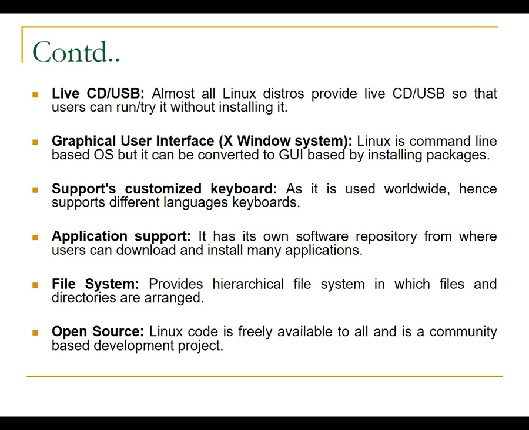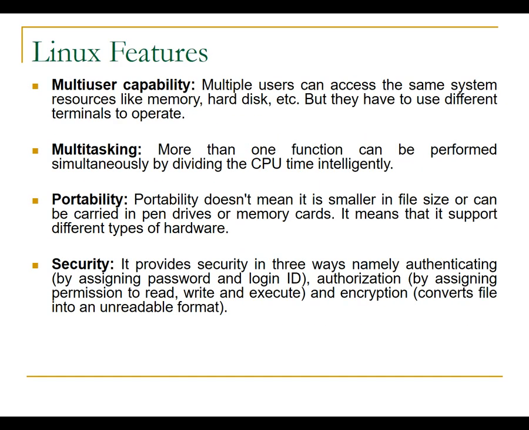It has a very unique file system, and last, it is free of cost. From the internet and from the official website of Linux, free of cost and without purchasing any license, you can use this operating system. So these are the basic features of the Linux operating system.